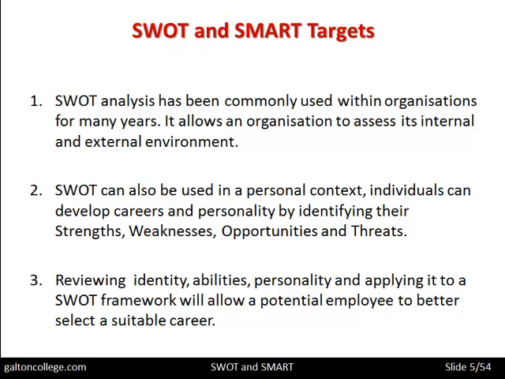What are their strengths? What are their weaknesses? What are the opportunities that they've got, and what are the threats that confront them? Once an individual has filled this out, they are in a better position to make decisions about suitable careers, about which way to move, which career to select and what to do in life.